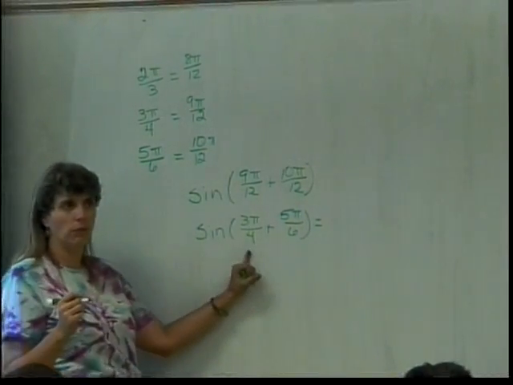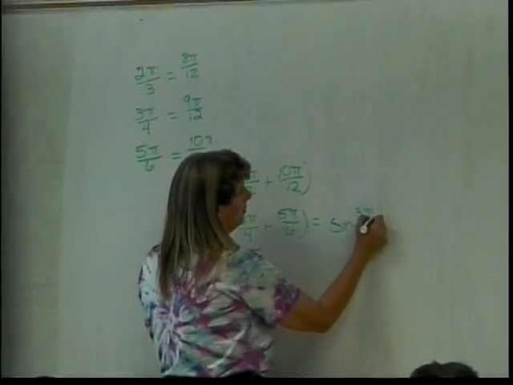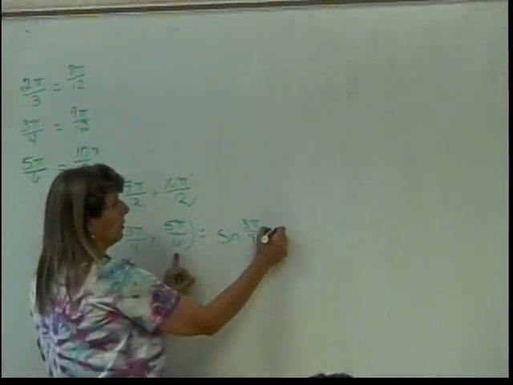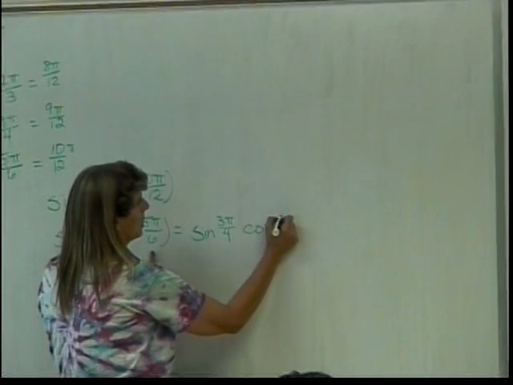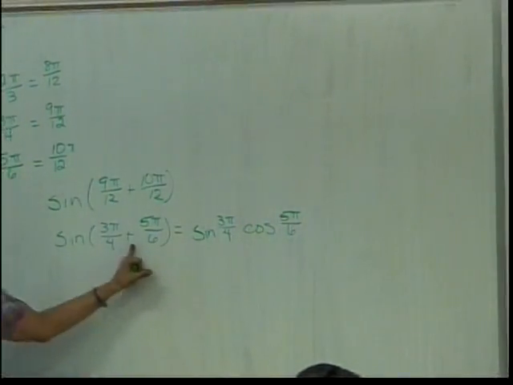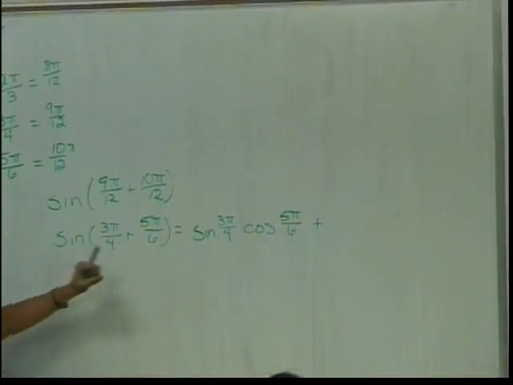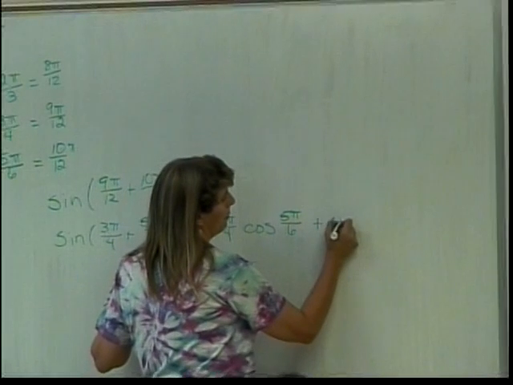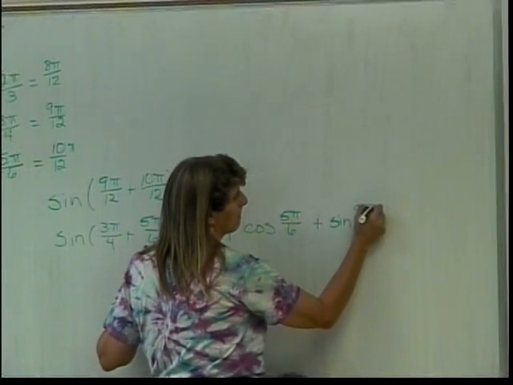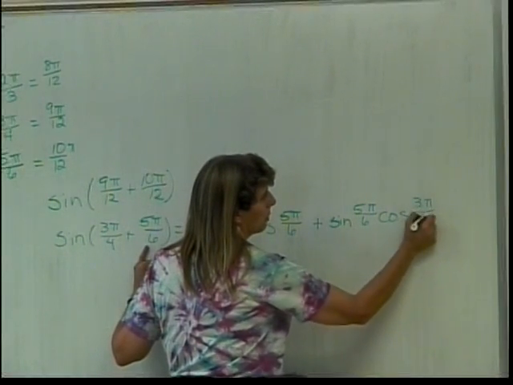Well, it's the sine of the first angle, right? So sine of 3 pi over 4 times the cosine of the second angle, so cosine of 5 pi over 6. In sine, if it's plus, then the formula is plus. And then it's the sine of the second angle, so the sine of 5 pi over 6, times the cosine of the first angle, which was 3 pi over 4.